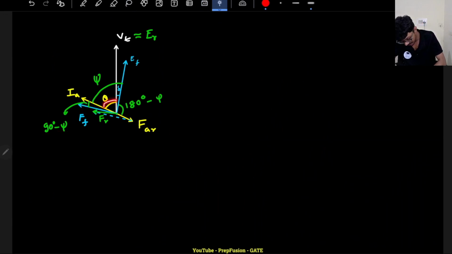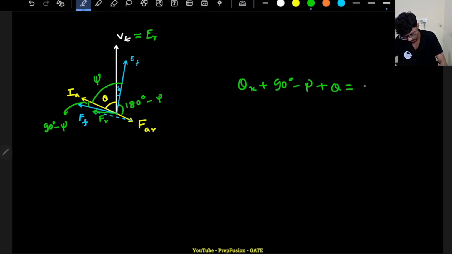So theta x plus 90 minus psi plus theta will be totally 90 degrees. The 90s get cancelled, so theta x equals psi minus theta.